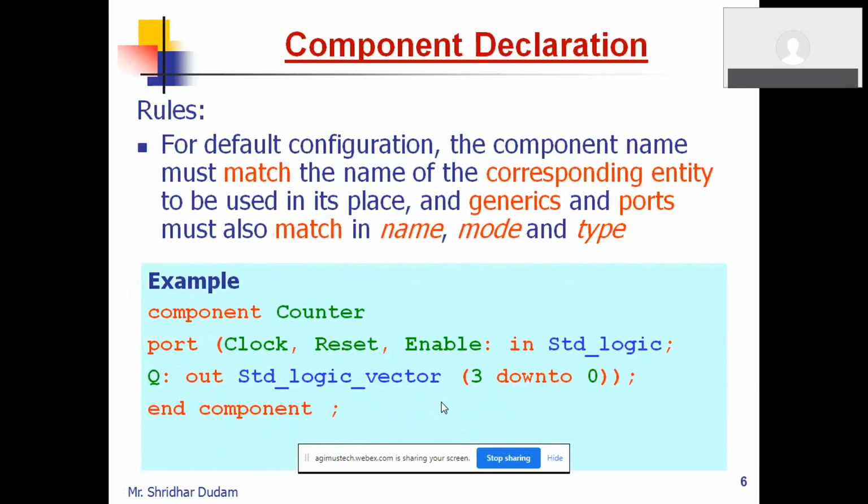It is similar to functions in C: the function prototype and the function body should have the same name, and the way you call the function in your code also requires the same name. The same concept is used in a component declaration. Whenever you declare a component in your architecture to be used, the name of that component should match the entity.